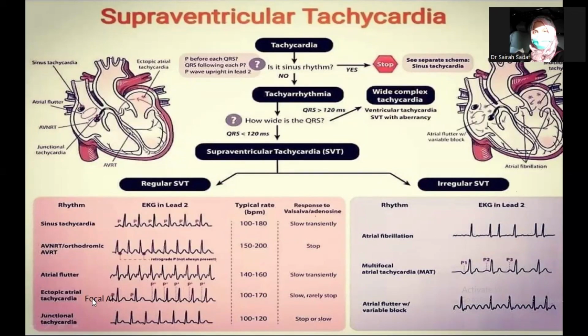But in case of FAT, focal atrial tachycardia, every time the P wave appears, although it is not a normal shape P wave, the shape will be the same, whatever shape the wife P wave adopts, it will be the same. Remember, P wave is wife. Okay, and we have already discussed the junctional tachycardia in detail. So that's it about the supraventricular tachycardias.